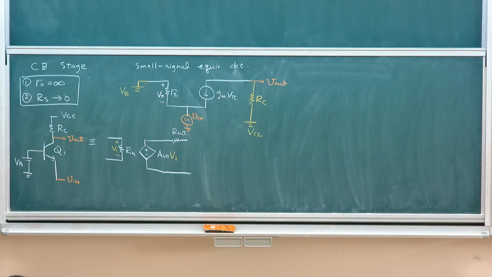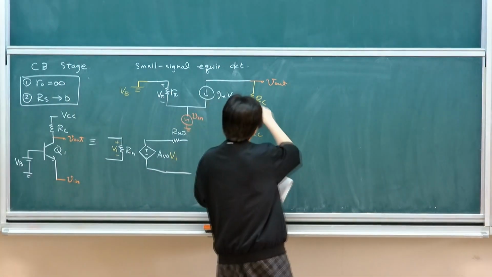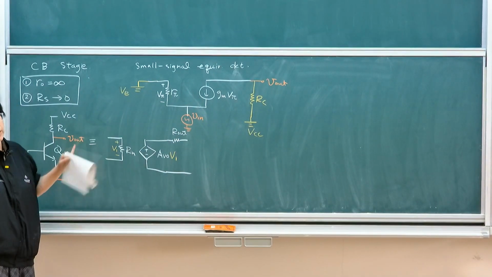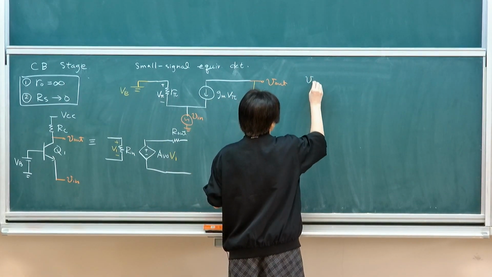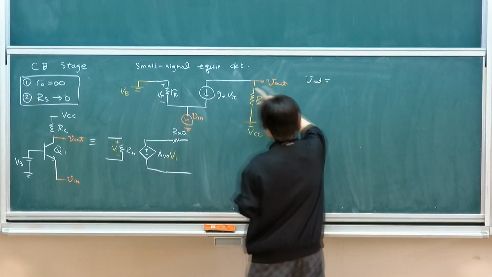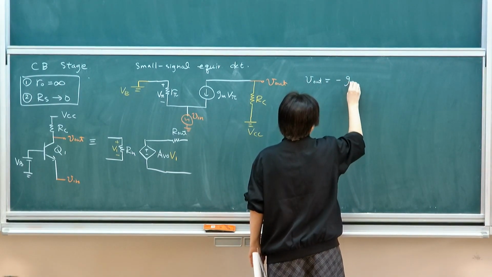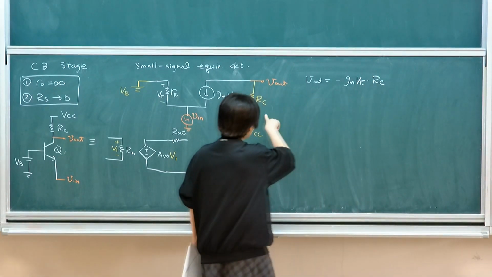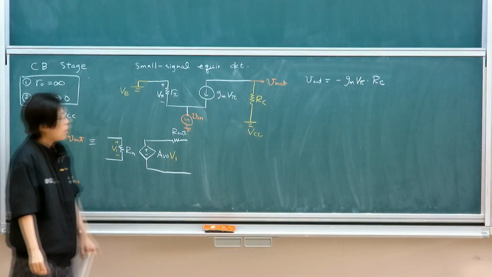Okay? So if this is the case, let's write down the equation. We already assumed these. So we look at how to find out, first of all, what is the output as a function of input. So your V out is simply, since there's only one branch of current, minus GM V pi times RC. Current times resistance gives you the output voltage.